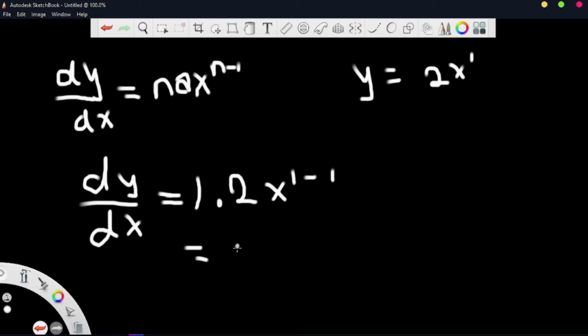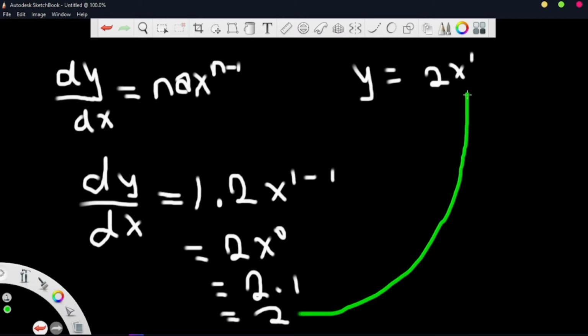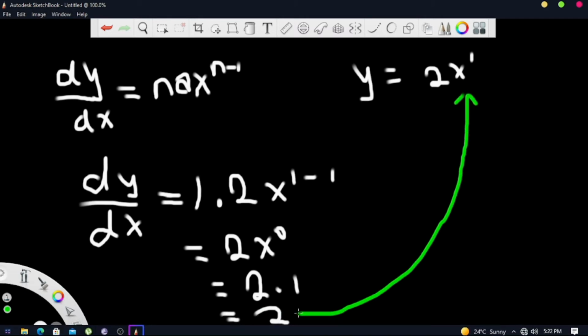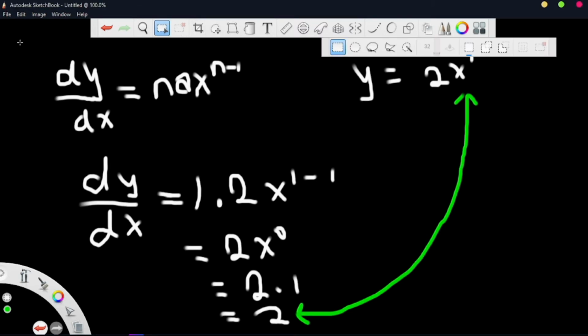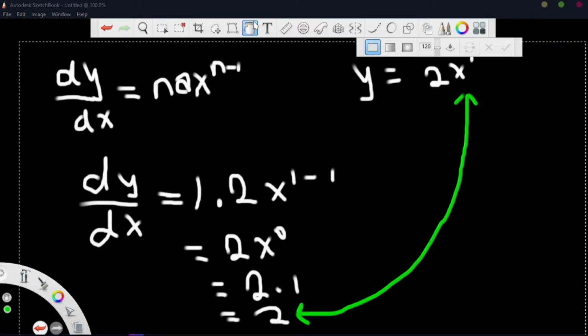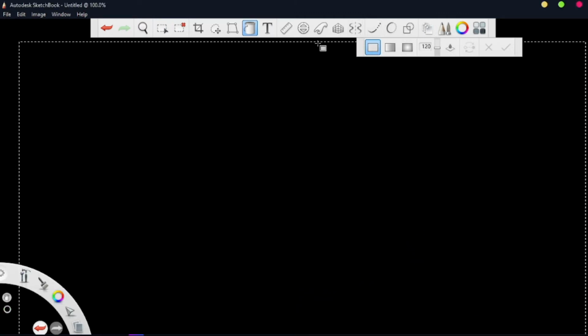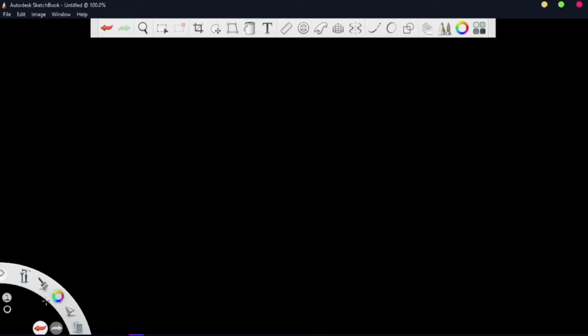So this will be just 2, and then notice I'll have x to the power 0, and we know that x to the power 0 is 1, so I'll have 2 times 1, which is 2. So this is a derivative, this is how we express that. And again, what you have to understand is that the derivative of a constant is always 0. That's one thing that has to be understood.